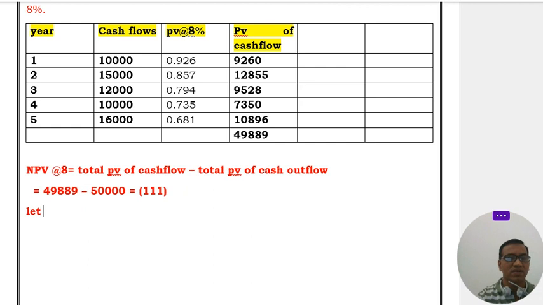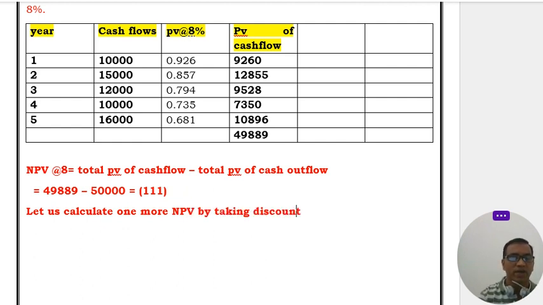Let us calculate one more NPV by taking a discount factor rate of return of 6%. How did I take 6%? Below 8%.